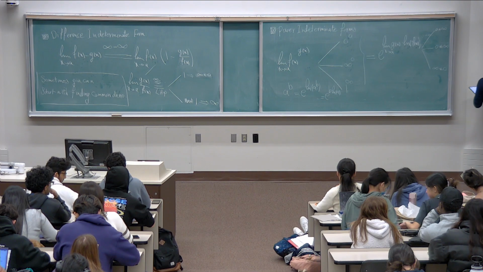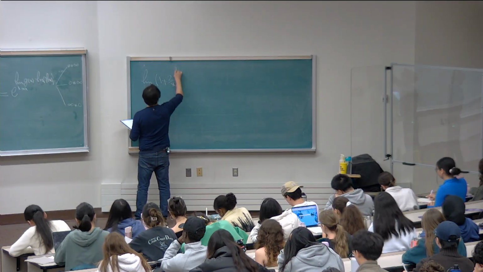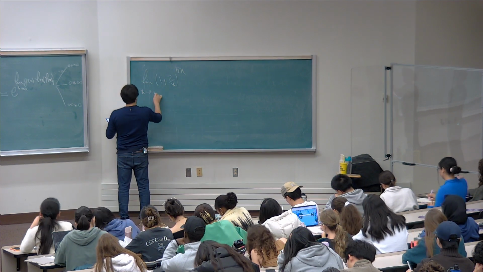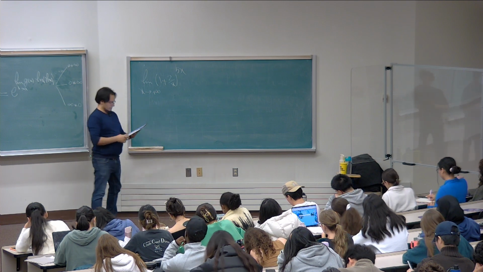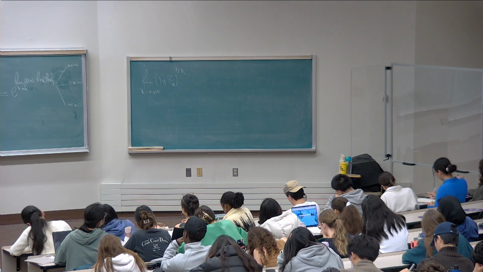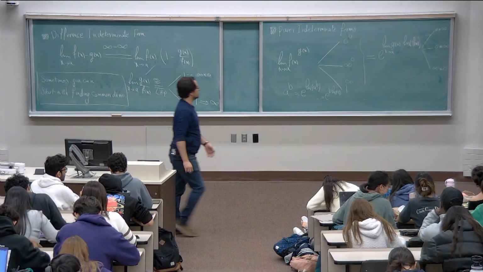Limit of 1 plus 2 over x to the power 5x as x goes to plus infinity. I'll write one more if we have time, but I don't think I will get that chance.